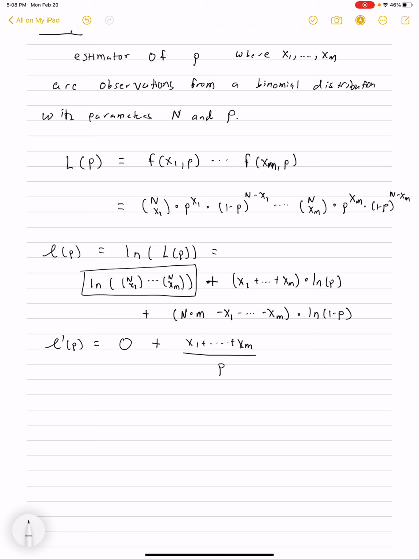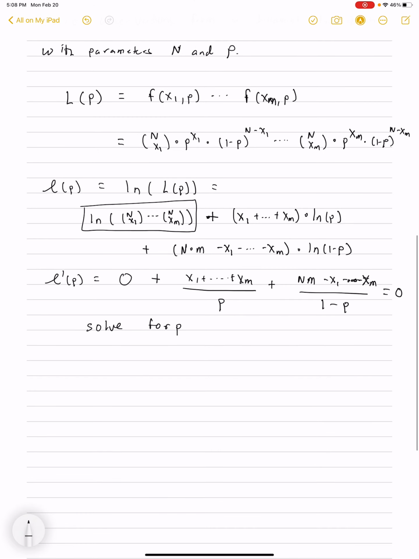The next term is going to be n times m minus x1 minus through x sub m, divided by 1 minus p. We're going to set that equal to 0, and now we're going to solve for p.